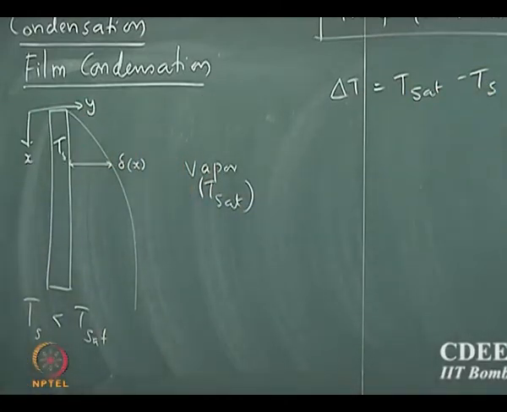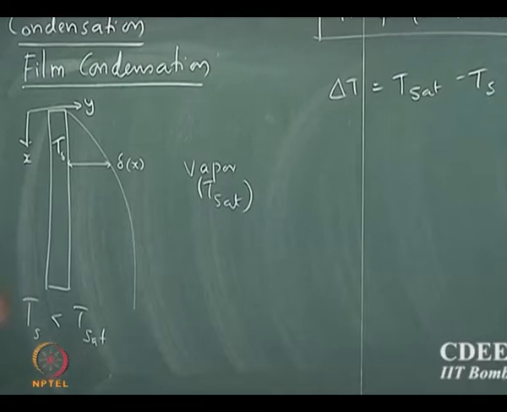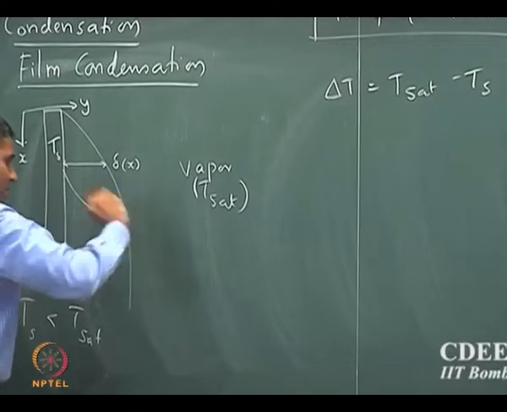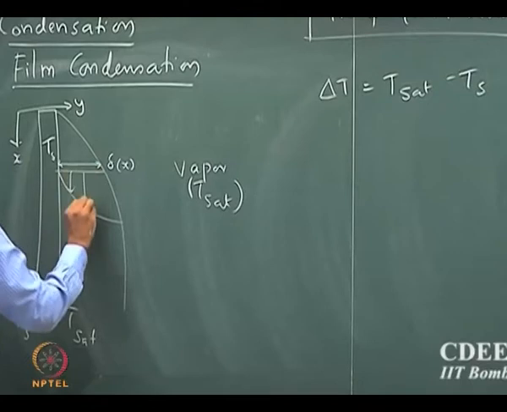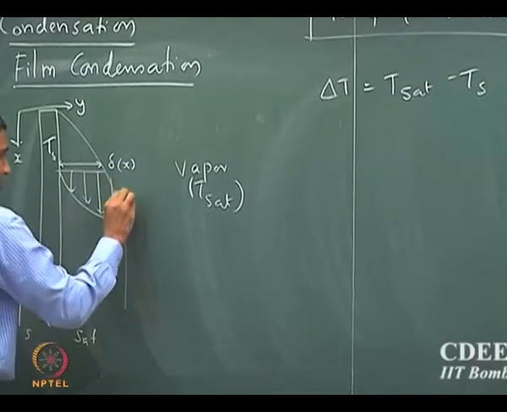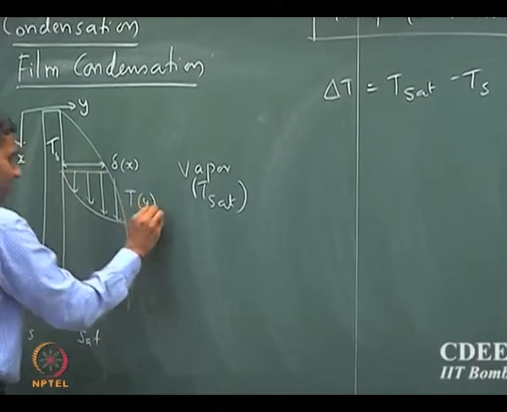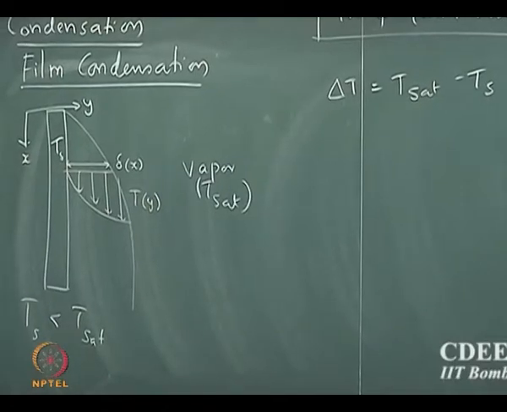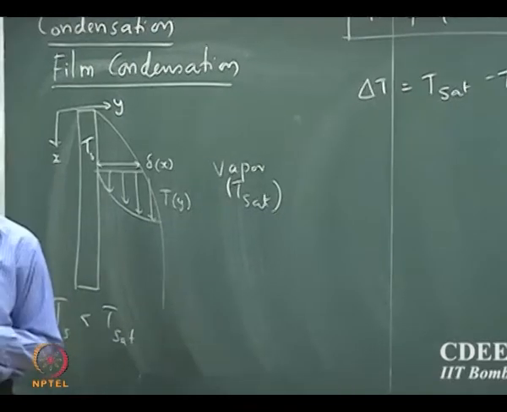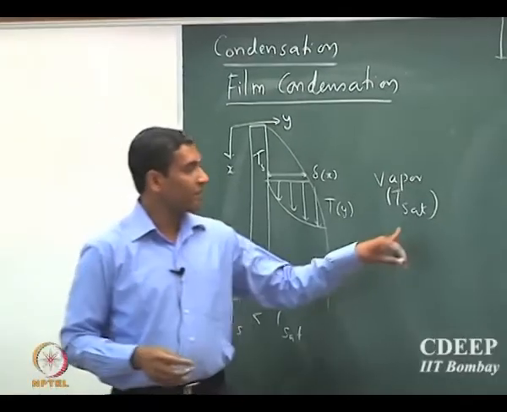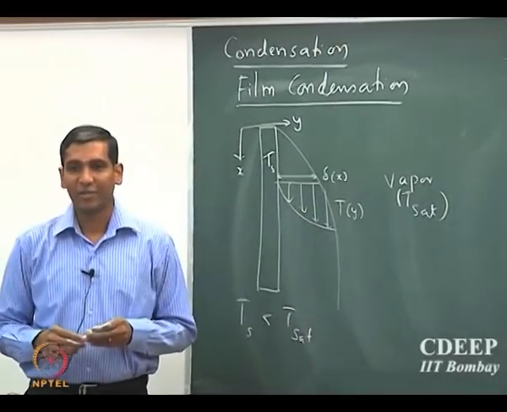Now, Ts is smaller than Tsat, so we can intuitively guess what the temperature profile is going to be. So that is going to be the temperature profile, T as a function of y. Okay. What will be the velocity profile? Remember that vapor is at rest.